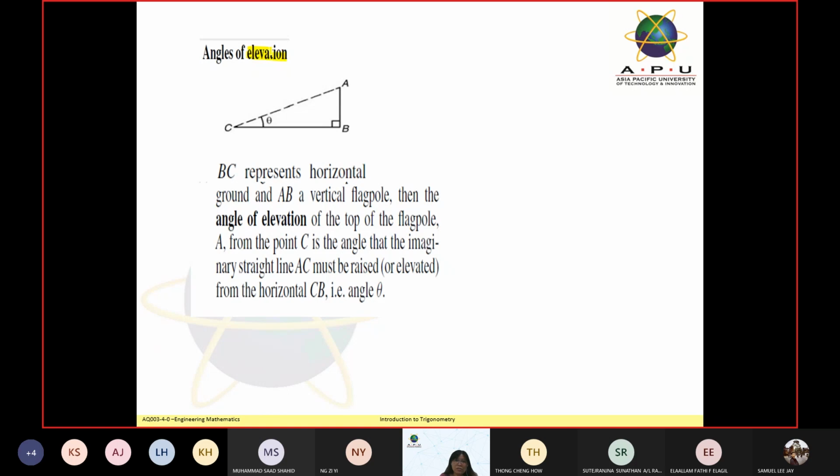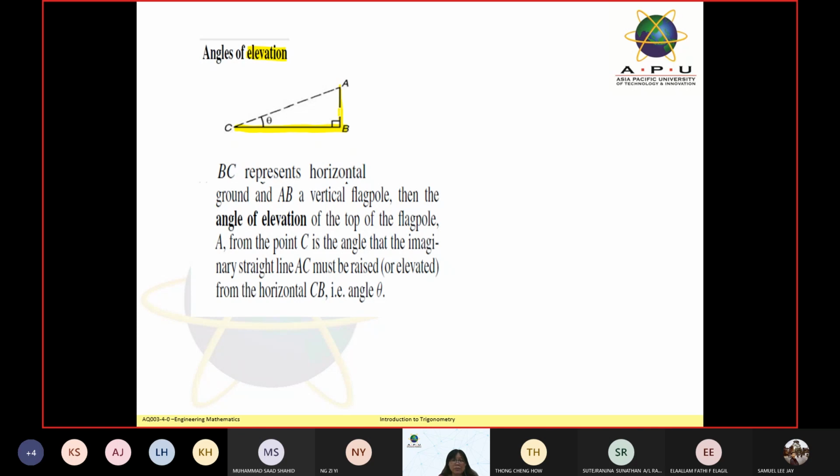For angles of elevation, let's look at the explanation here. Let's say BC represents horizontal ground, and AB is a vertical flagpole.